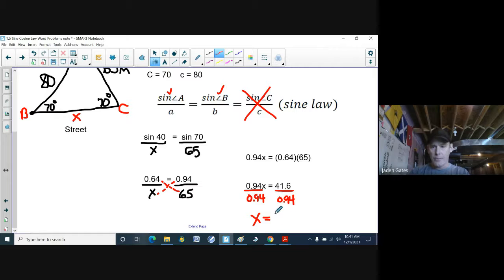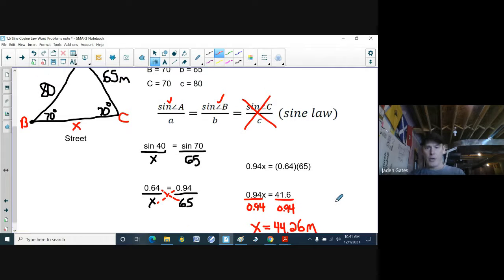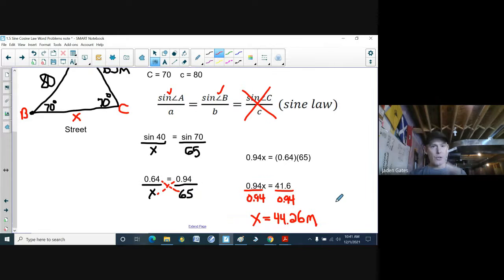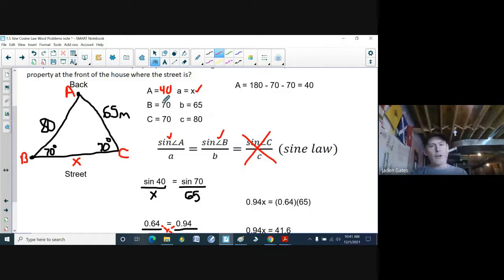And I ended up with 44 point, again, going to two decimal places, 26 meters. There we go. All right. So again, drawing the picture, figuring out what we got, and then we got to figure out what formula we're going to use, which is always tough.